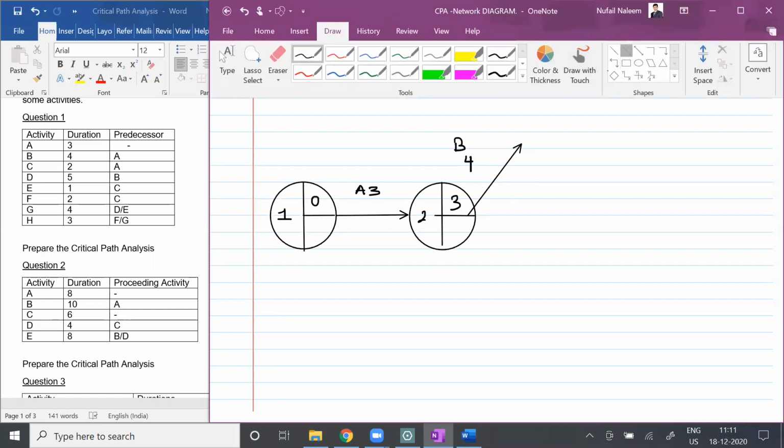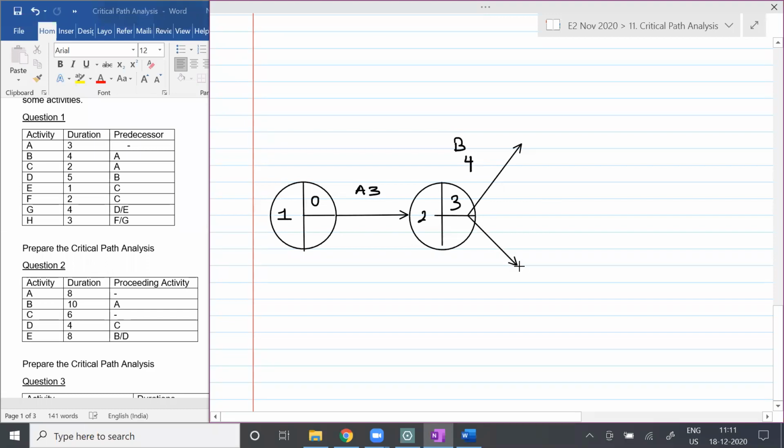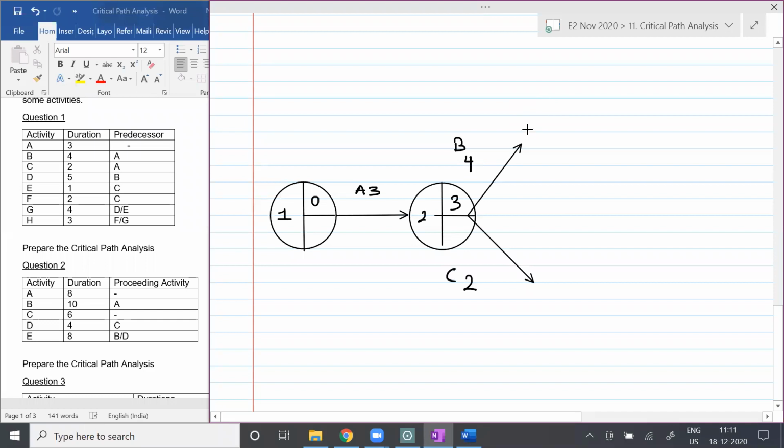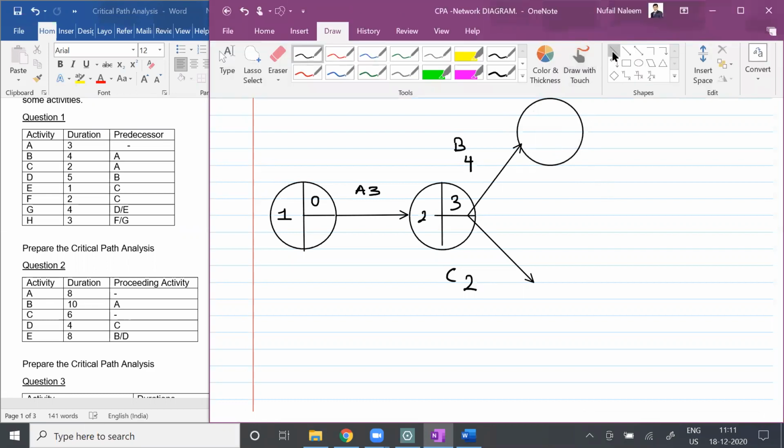And it will also give rise to another component, C. And C will be how many weeks? 2. So B has started with a node, so it should end also with a node. You get what I'm saying, students?